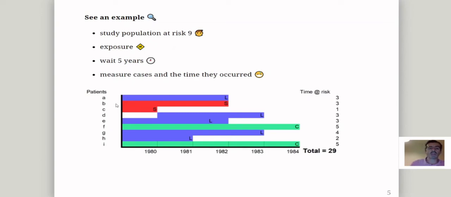The second kid was notated as B, and he developed asthma in the first year. So the contribution was only 1 year.